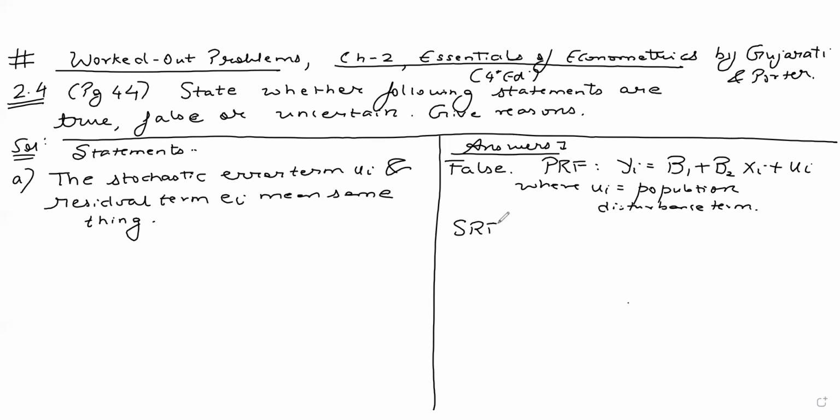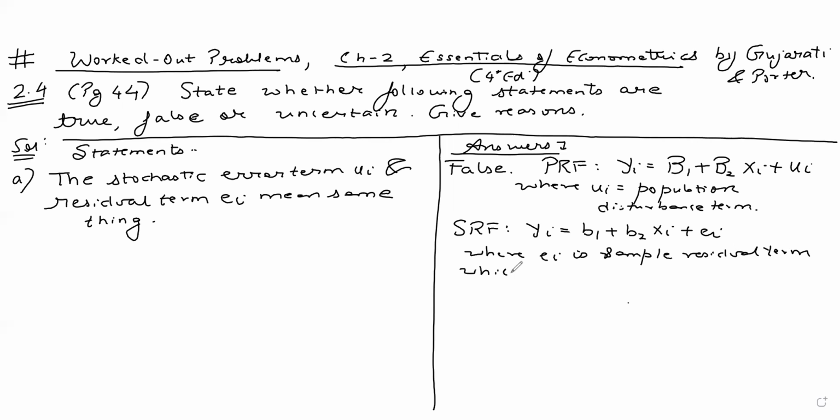And the sample regression function is yi equals small b1 plus small b2 xi plus ei, where ei is the sample residual term, which is used to estimate the population disturbance term ui.